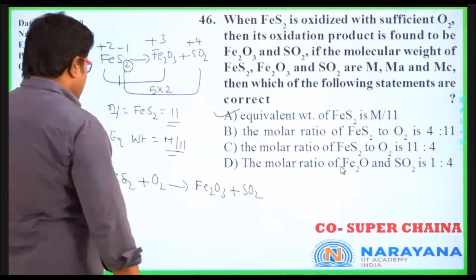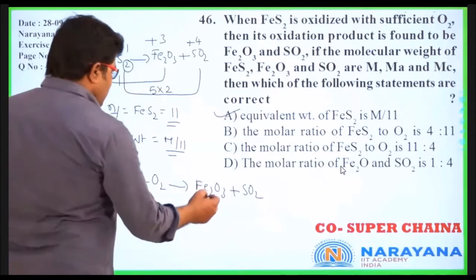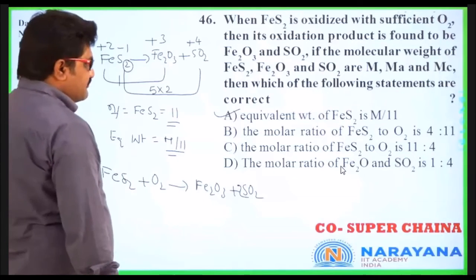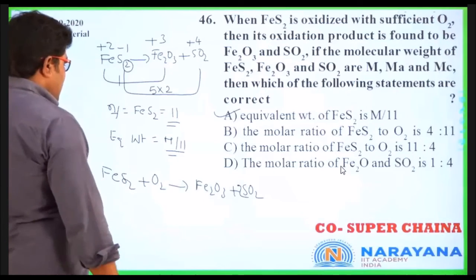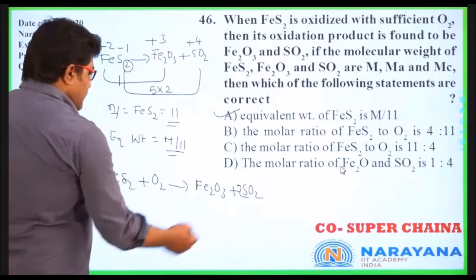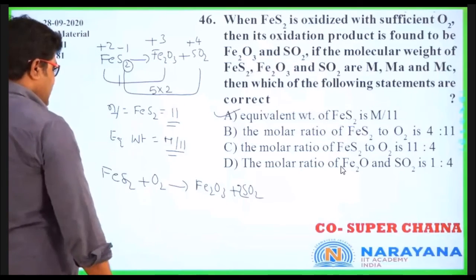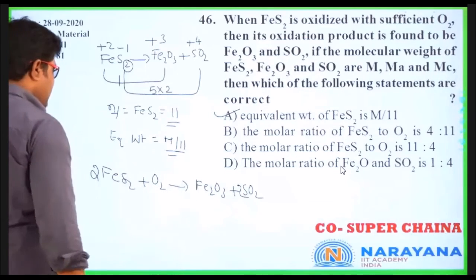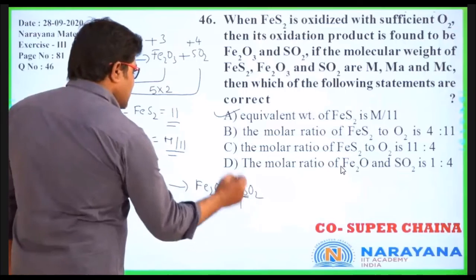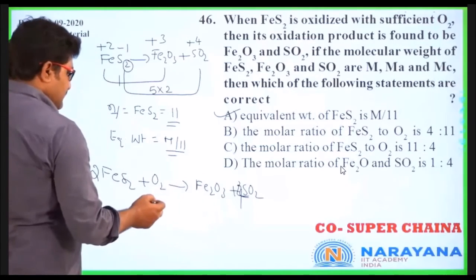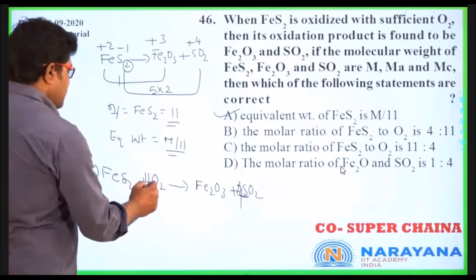For balancing this reaction, we have to take 2 moles of SO2 here, giving 3, 4, 7 oxygens. Here we have to take 2 moles because Fe2O3 is formed, and 4 sulfur atoms, so here we have to take 4. So 8, 11, 11 by 2.